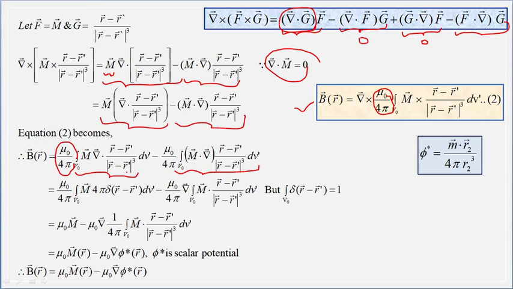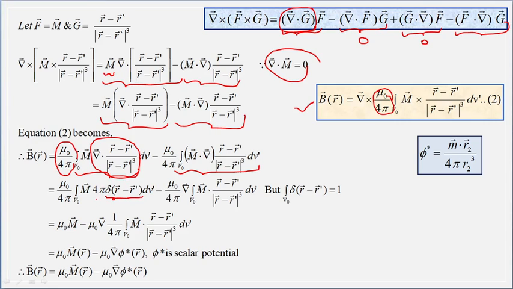In the first term, we had defined what is called a Dirac delta function. In electrostatics, we had shown that the divergence of R minus R dash divided by the modulus of R minus R dash cubed equals 4 pi times the delta R minus R dash. This is called a Dirac delta function.